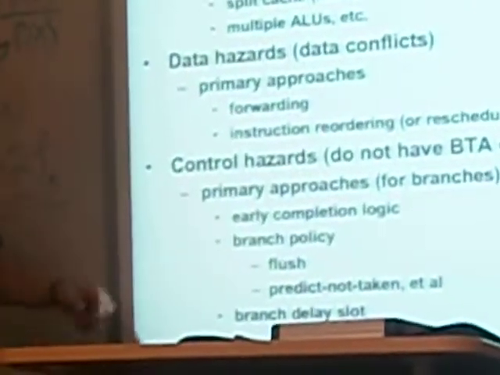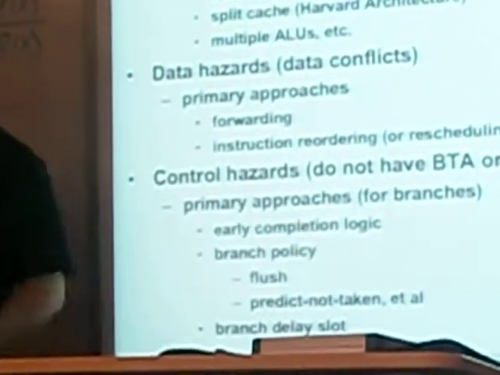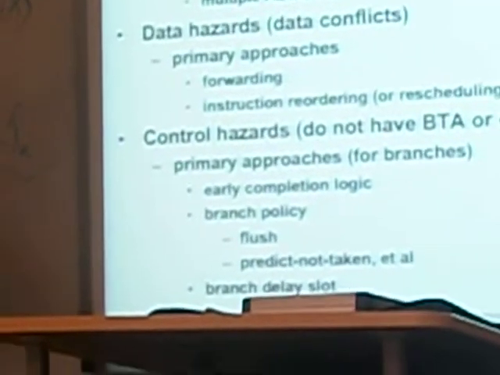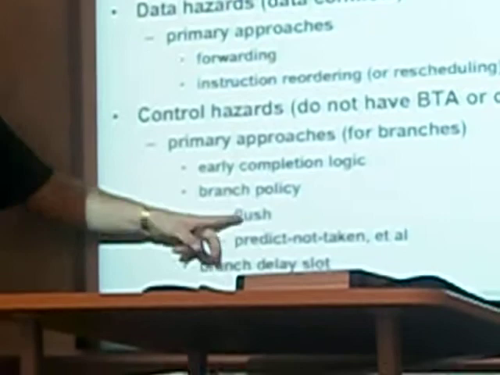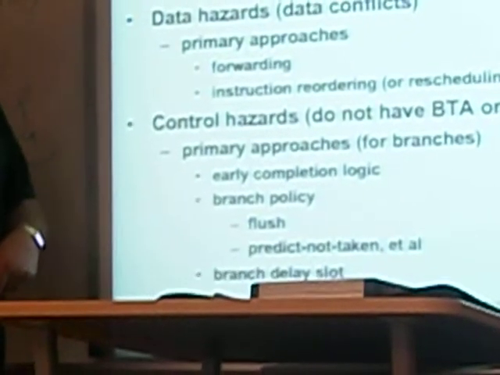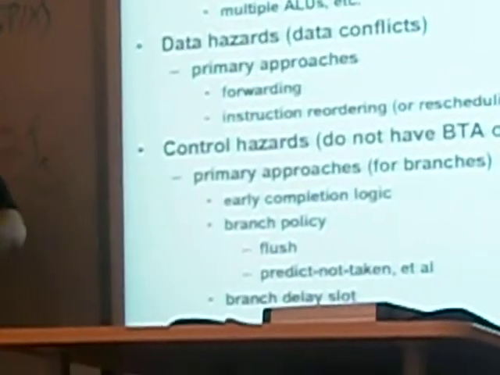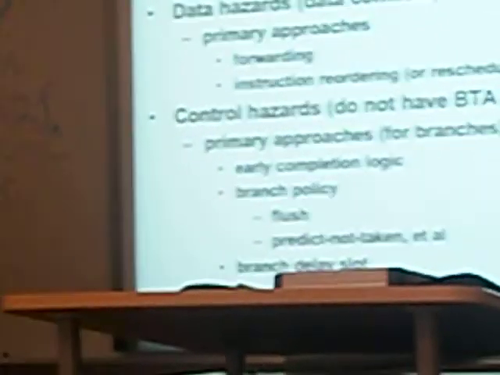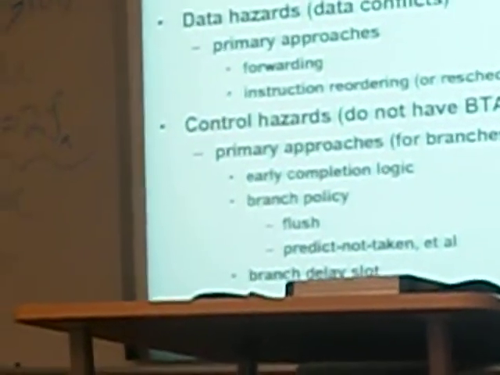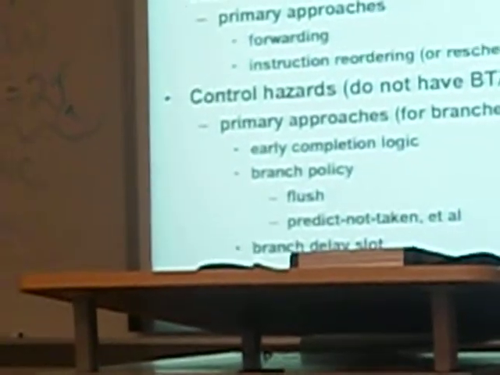It turns out, we'll see later, the primary approaches in the case of branches are early completion logic, which we'll see hopefully today. Then we can look at the particular policies that we employ, be it a flush, a predict not taken, and the final approach, called a branch delay slot. So hopefully we'll see some of these techniques for hazard mitigation today.